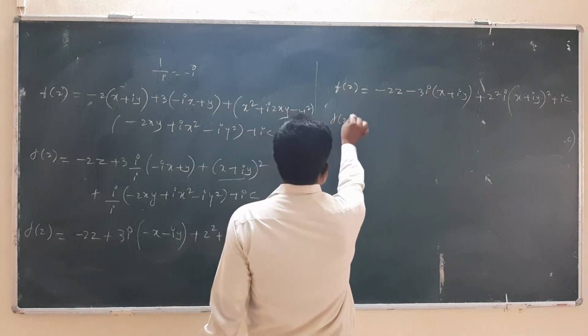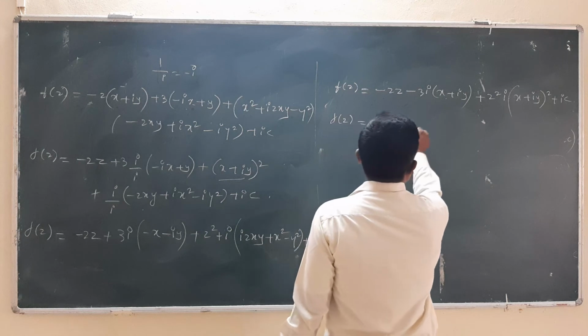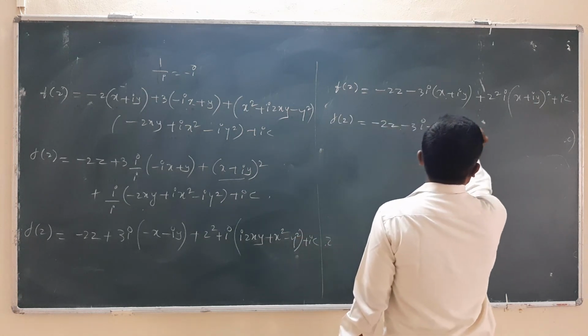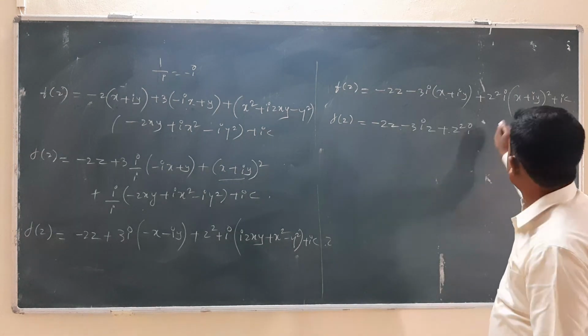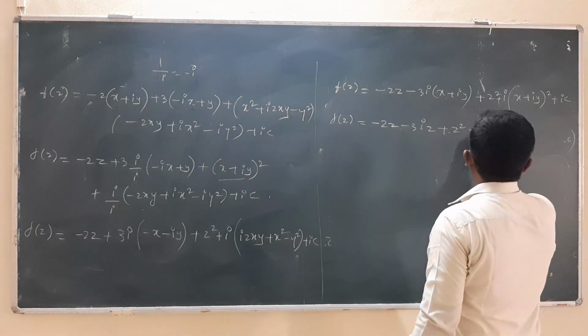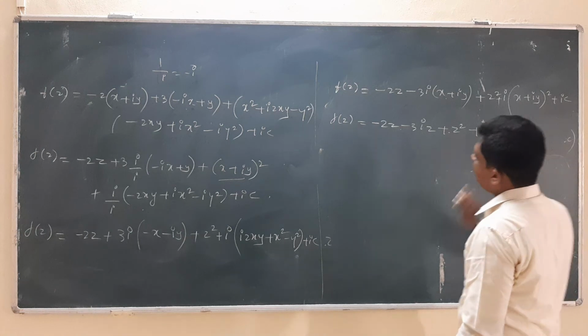Therefore f of z is equal to minus 2z minus 3iz plus z square into i, plus z square plus i into c.